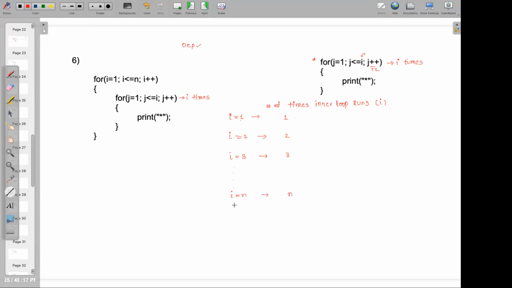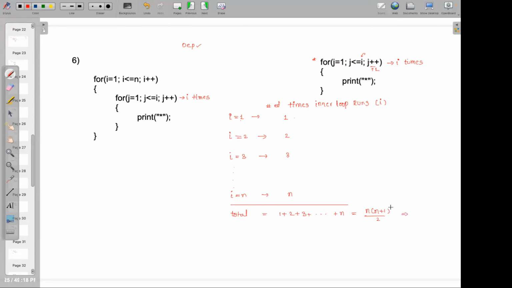Now, total, overall, how many times will everything run? Total, you simply add them, which is 1 plus 2 plus 3 plus and so on up to n. Right? So we know already this formula, n into n plus 1 by 2. If you want to write it in big O, what is its representation?